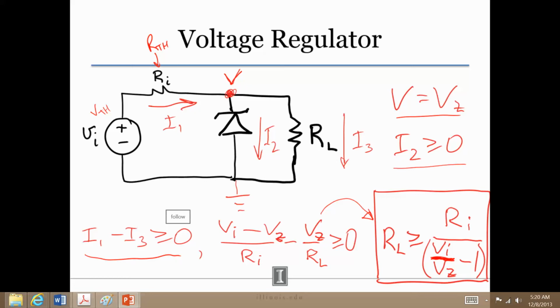We have no hope of maintaining Vz across the load resistance if the input voltage is smaller than Vz. But the factor by which Vi is bigger than Vz is also important. The larger that factor, the greater than 1 it is, the smaller the load resistance we can have and still maintain the voltage across it.